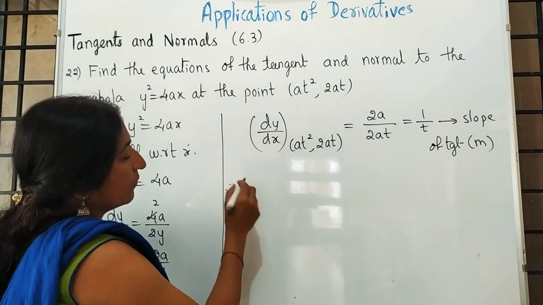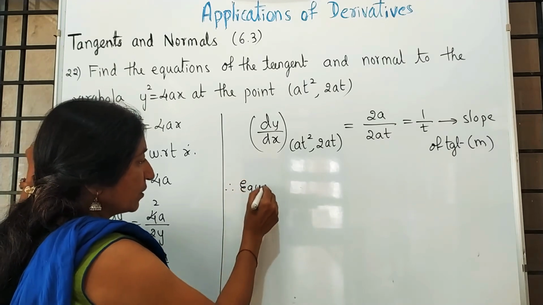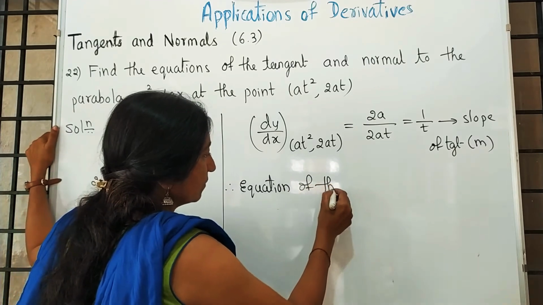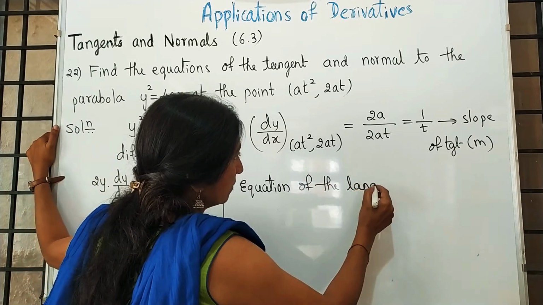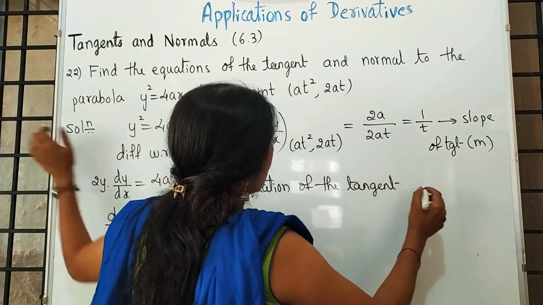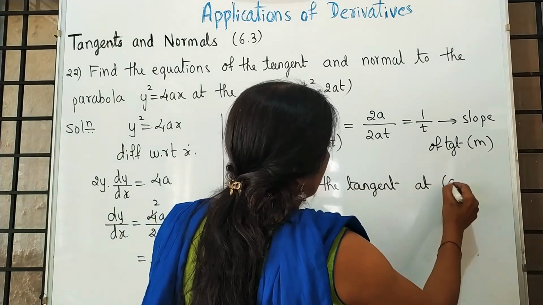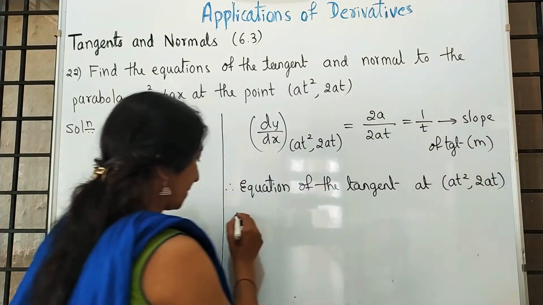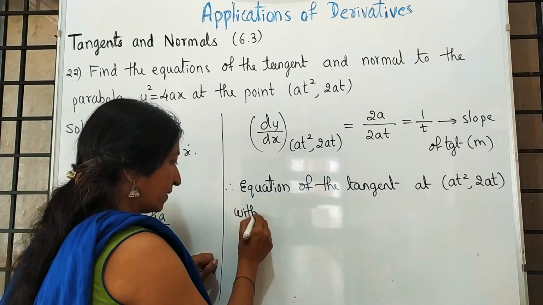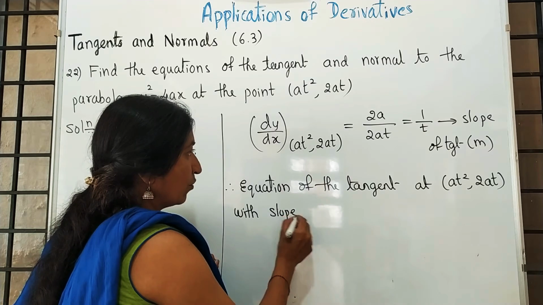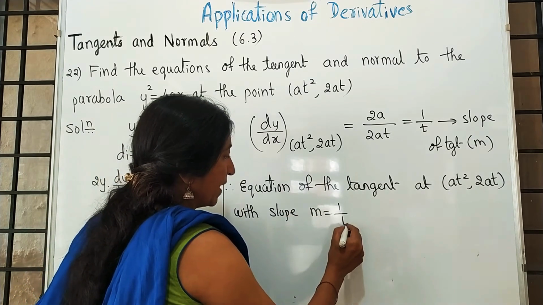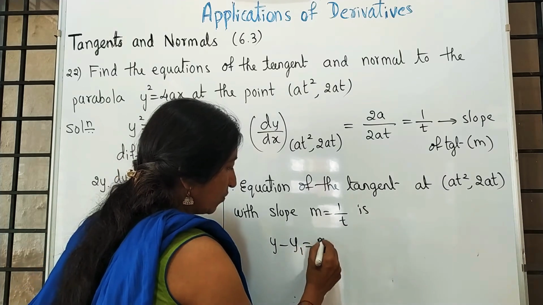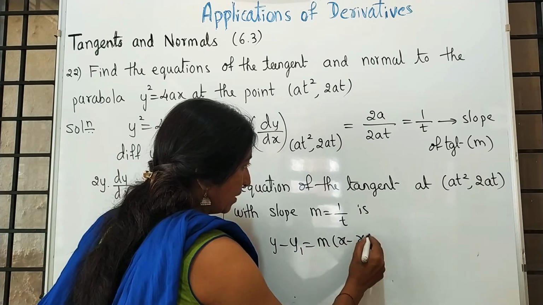Now we have to write the equation of tangent. Equation of the tangent at a t square comma 2at with the slope m is equal to 1 by t is y minus y1 is equal to m into x minus x1.